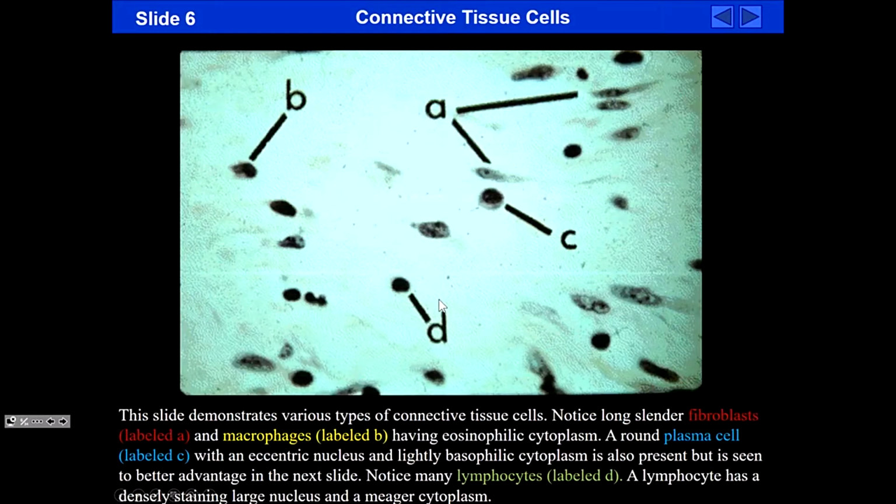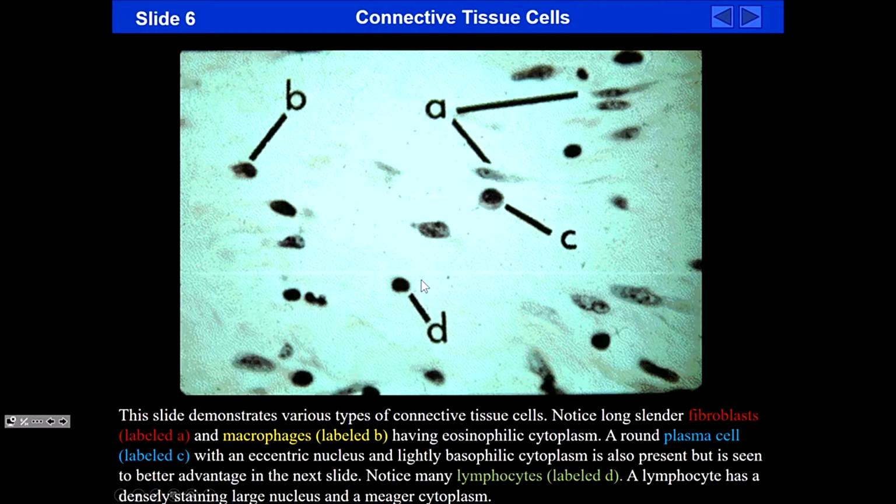Okay, and in connective tissue, we can sometimes recognize different cell types at this low power. I wouldn't expect you to be able to identify them, but this is just demonstrating that. For instance, we have some fibroblasts, we have a macrophage, we have a plasma cell that's going to secrete antibodies, and a lymphocyte, okay?